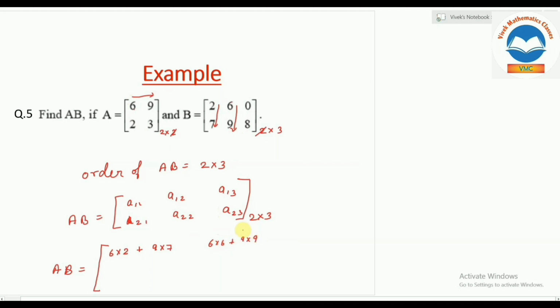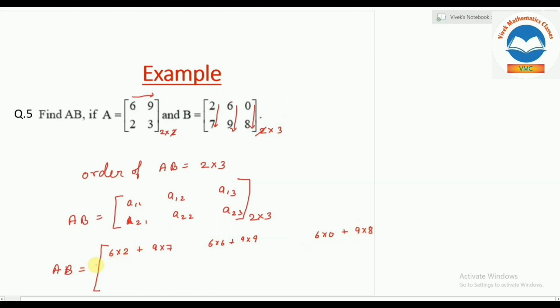Okay, we got A12. Next we need A13, which means first row and third column. So we get 6 into 0 plus 9 into 8.